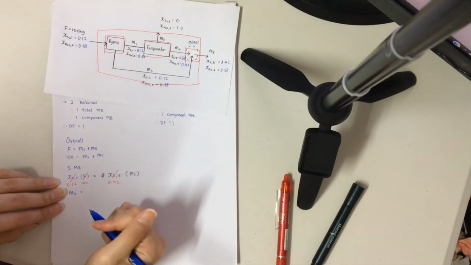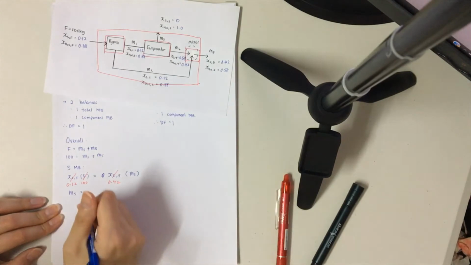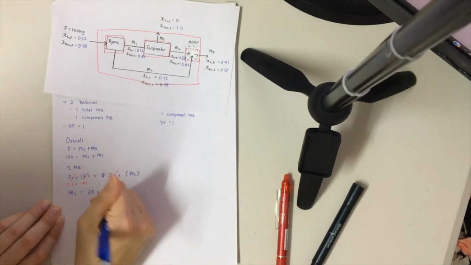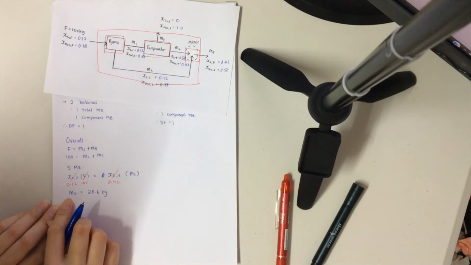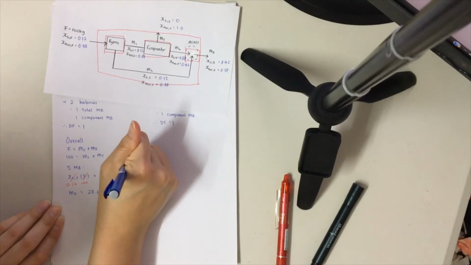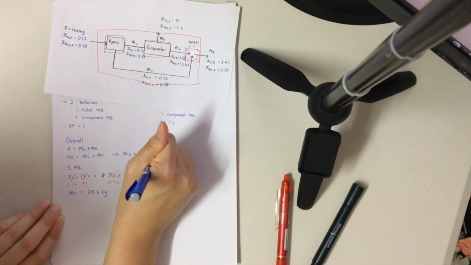So M5 should be 28.6 kilograms. Then we substitute M5 back here, and we can solve for M3, which is 71.4 kg.